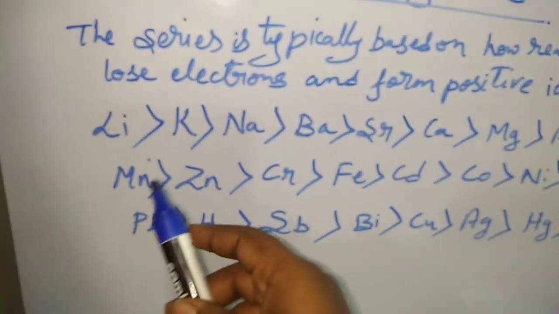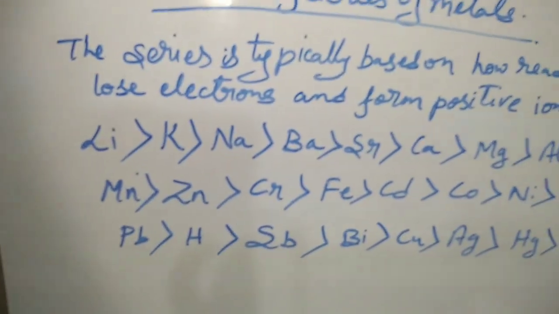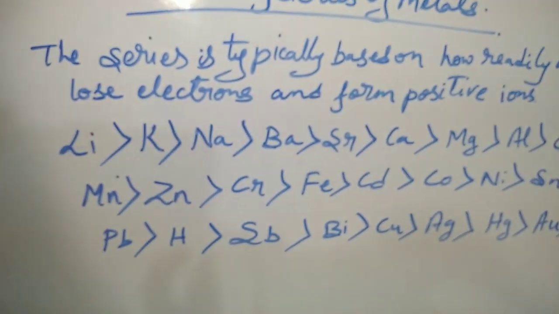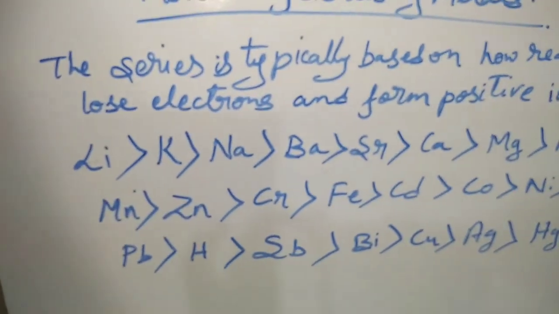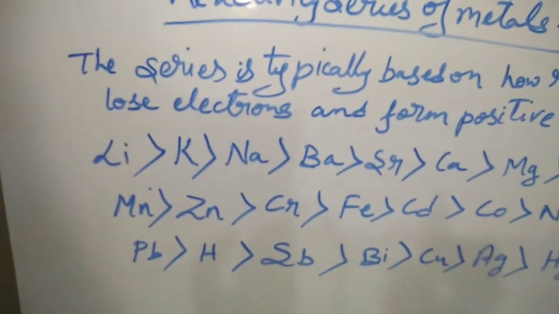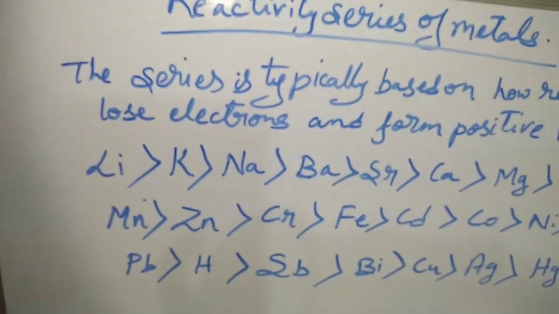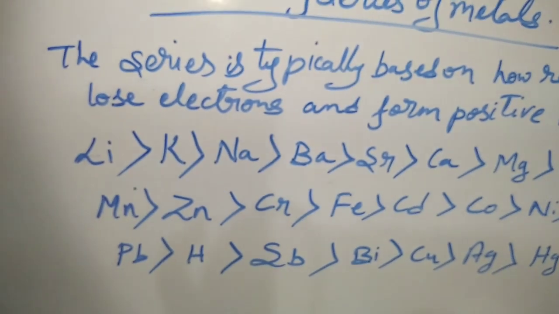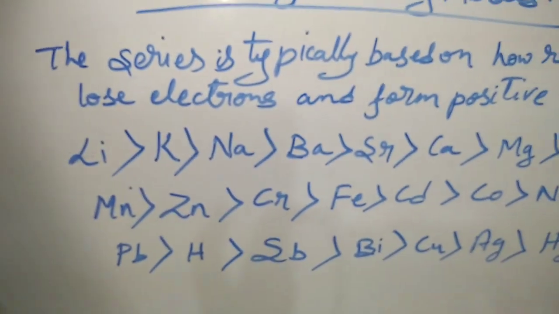Let's see. First is lithium, potassium, sodium. Now students, in most books you will get first potassium, sodium, then lithium. Don't get confused. Lithium is more reactive than potassium and sodium, so lithium will always be placed first before potassium and sodium.